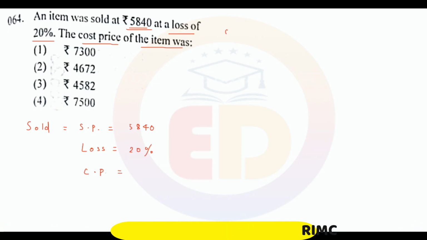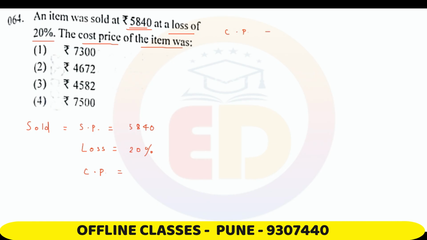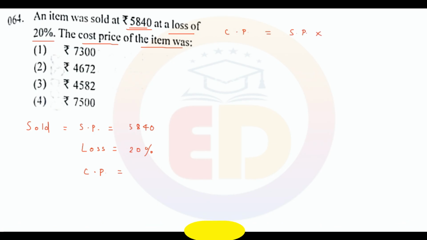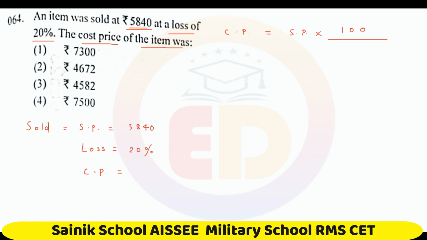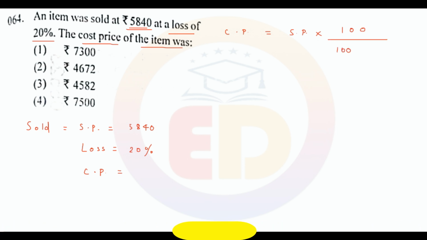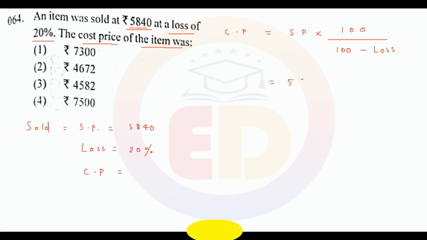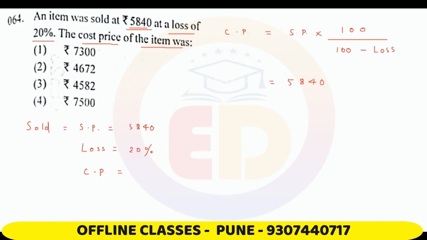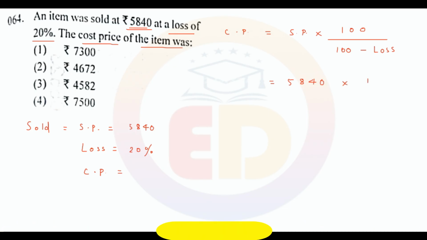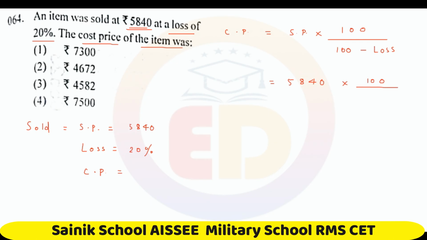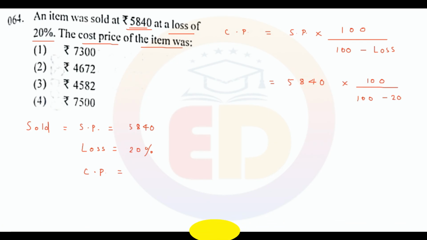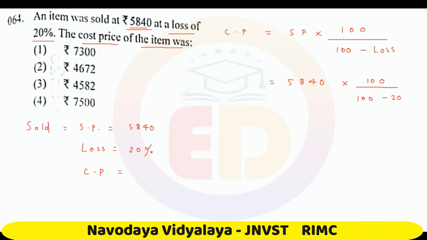We know the formula of cost price is selling price multiplied by 100 upon 100 minus loss. The selling price is 5,840 multiplied by 100 upon 100 minus loss, which is 20. You don't take the percentage value, you only take the unit value without the percentage symbol.